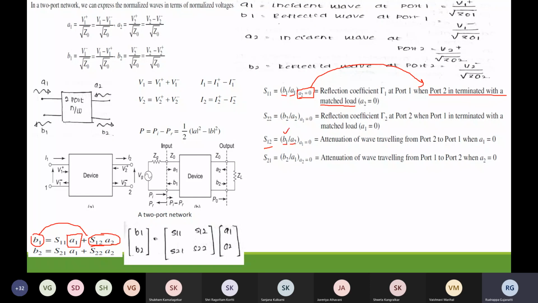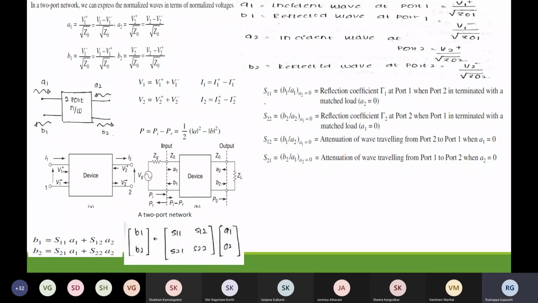It is the reflected wave amplitude at port 1, divided by the incident wave amplitude at port 2, under the condition that A1 is 0. What does this imply? This implies that port 1 is terminated with the matched load. That is what we are looking at here.